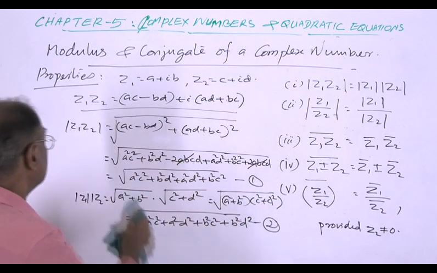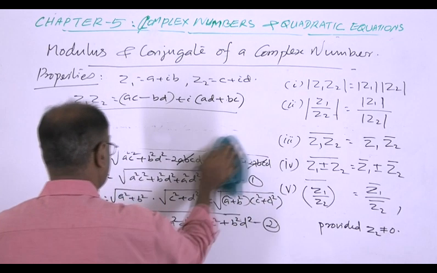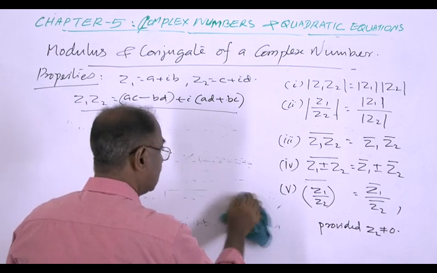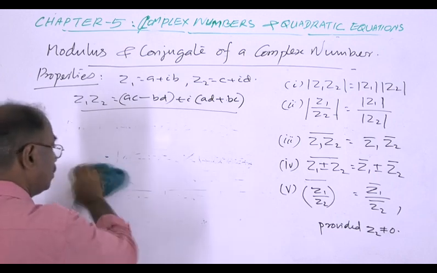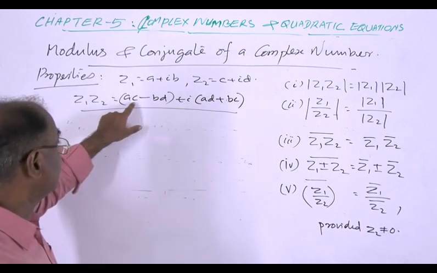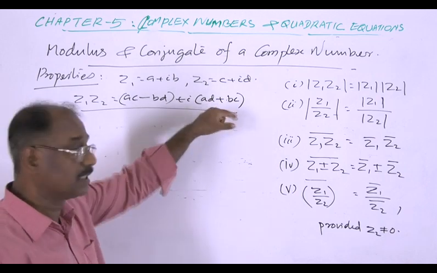Now for the third, consider Z1 into Z2. Here Z1 into Z2 is AC minus BD plus I into AD plus BC.